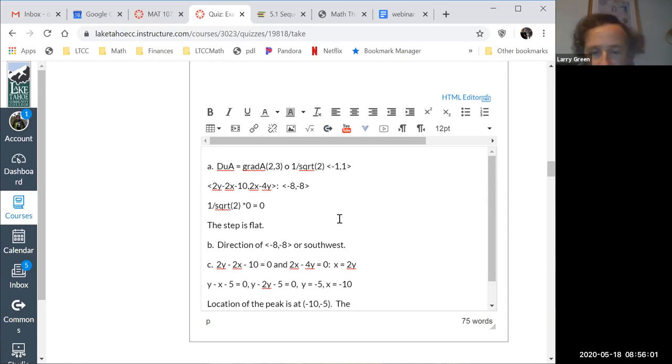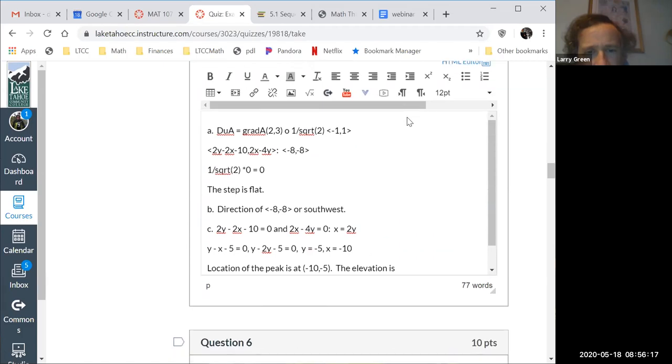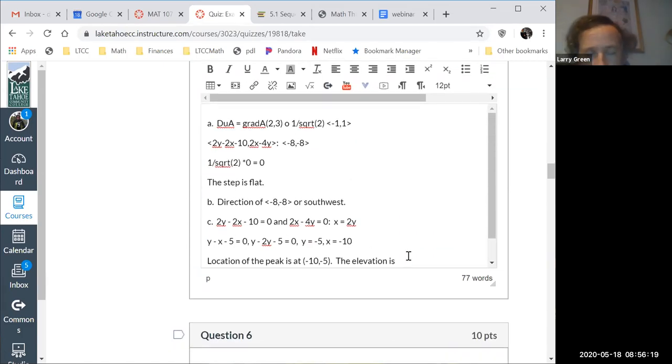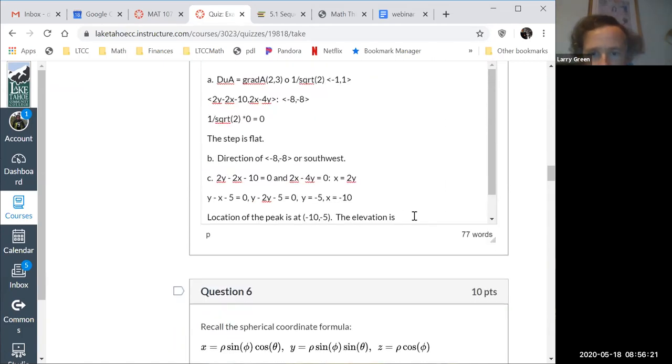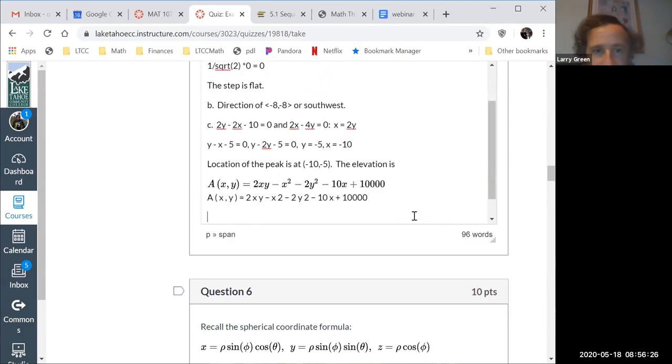And the peak elevation is, and now what I'm going to do is copy that function so I have it in front of me. So we have that function.